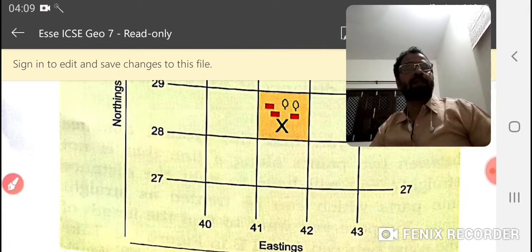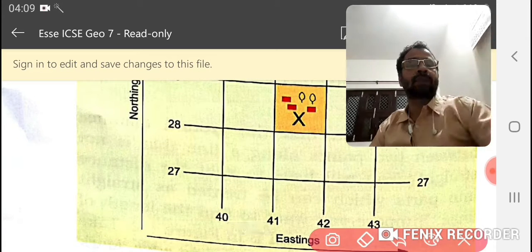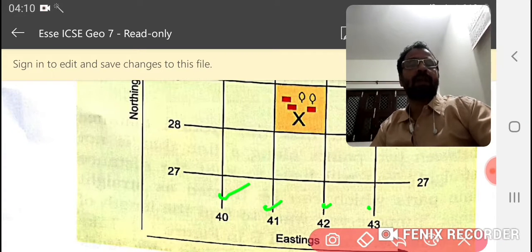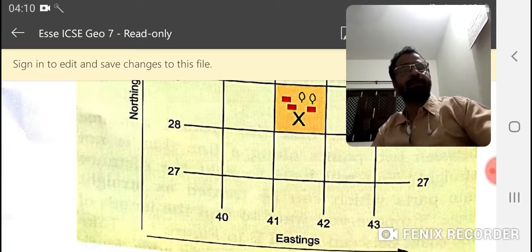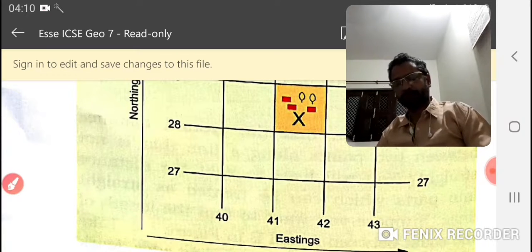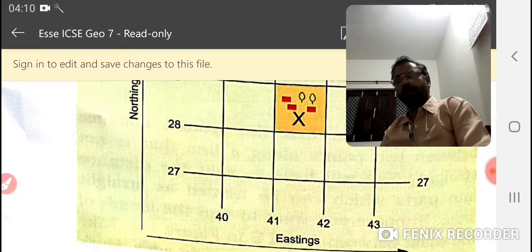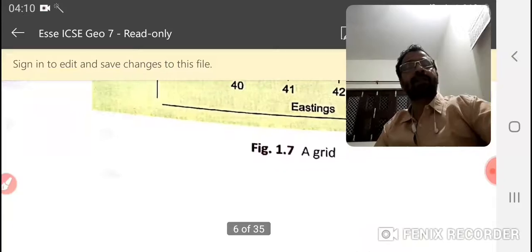So, we can say these lines, I shall show you, these lines are known as eastings and these lines are known as northings. Okay. And go to the next page, grid reference.